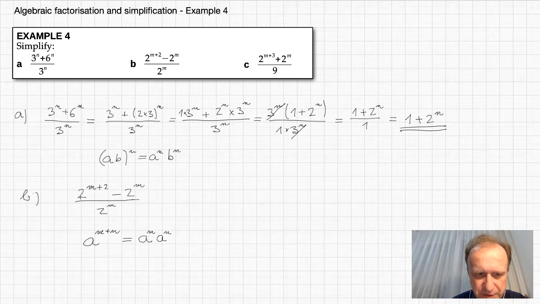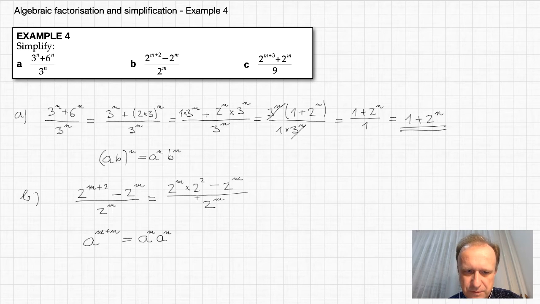We can apply it to this first term and get 2 to the power of m times 2 to the power of 2. So this replaces this first power here, minus 2 to the power of m, divided by 2 to the power of m. This leads us to a situation in which we have two terms in the numerator with common factor 2 to the power of m, which can be factored out.